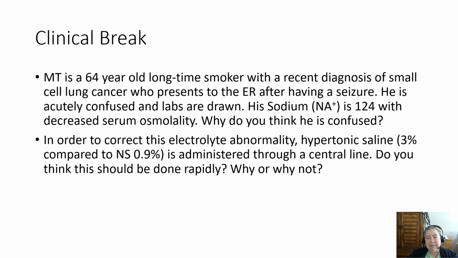But he needs his serum osmolality increased. So we're going to give him a saline solution that has higher osmoles of salt, right? And we give it through a central line into a big vein. And my question is, do you think we need to do this quickly or slowly? And why? So think about that for a minute.